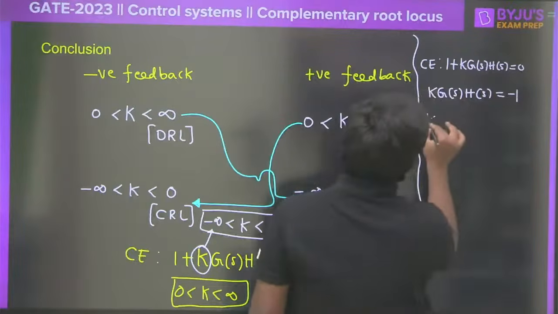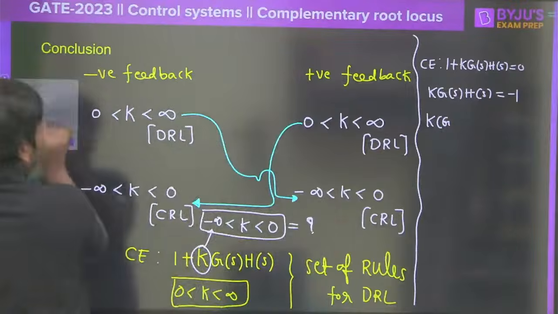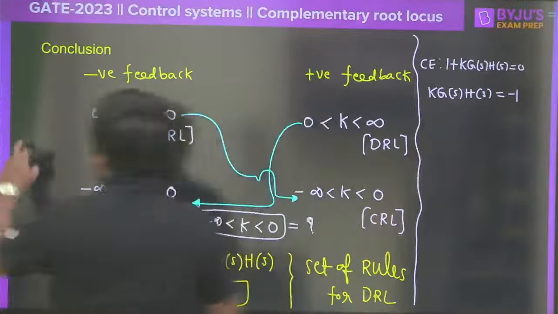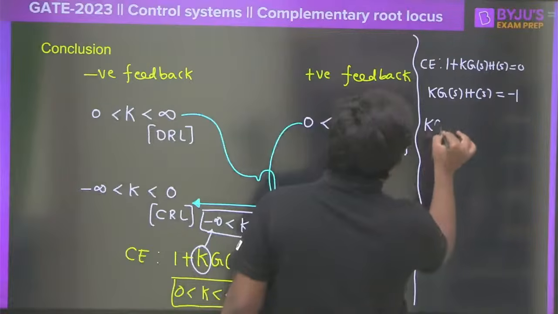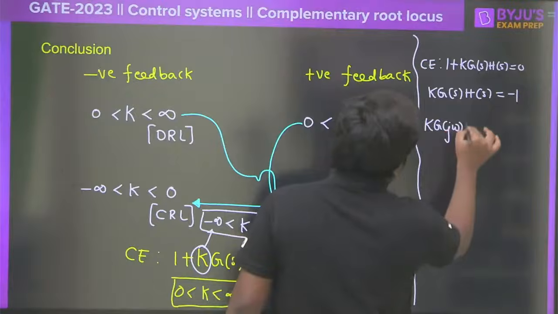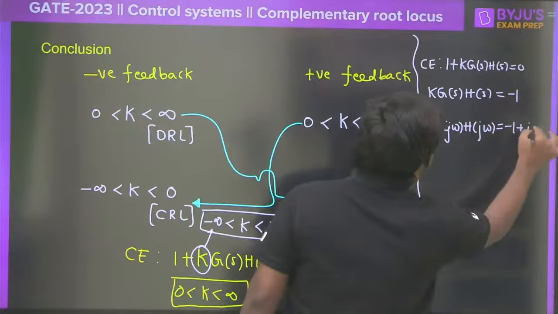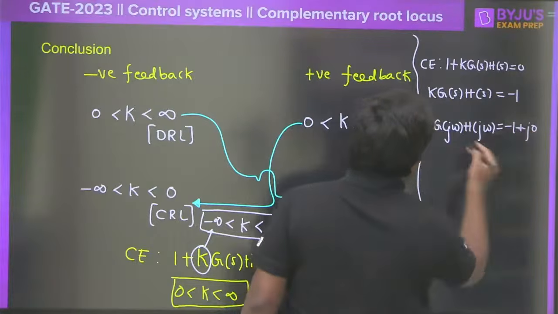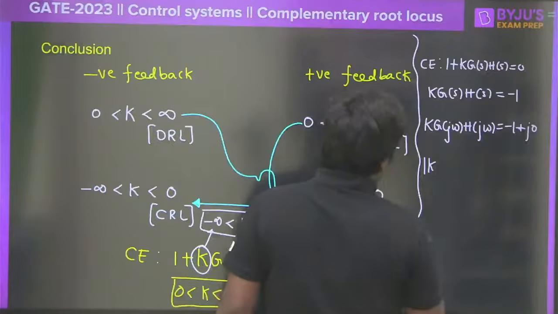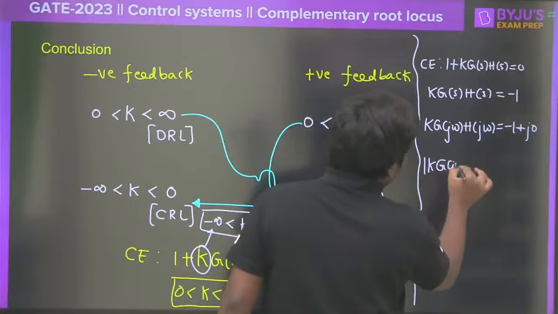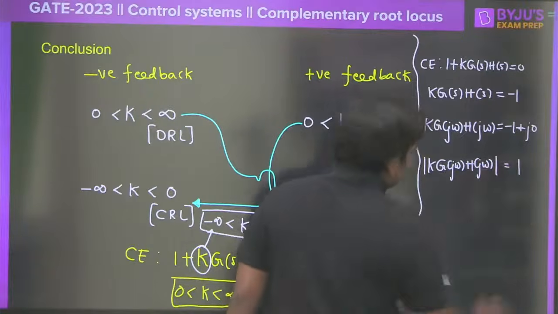If you go for k g(j omega), just substitute s equal to j omega, then k g(j omega) h(j omega) is equal to minus 1 plus j0. Then if you take the magnitude condition, the modulus of k g(j omega) h(j omega) is equal to 1.